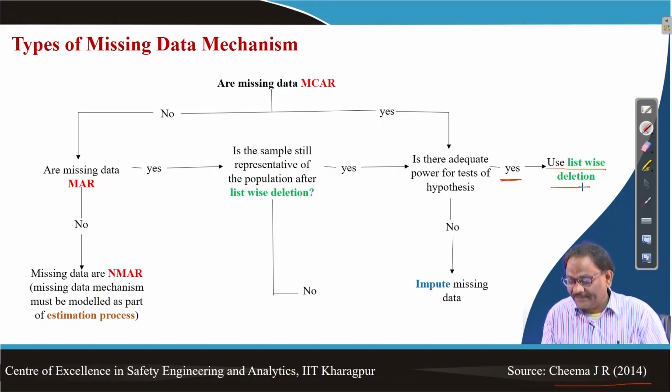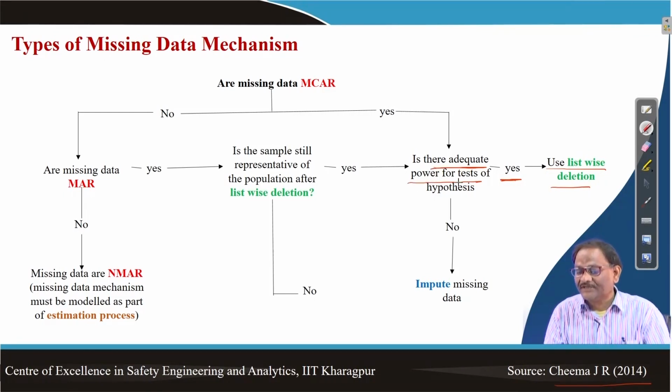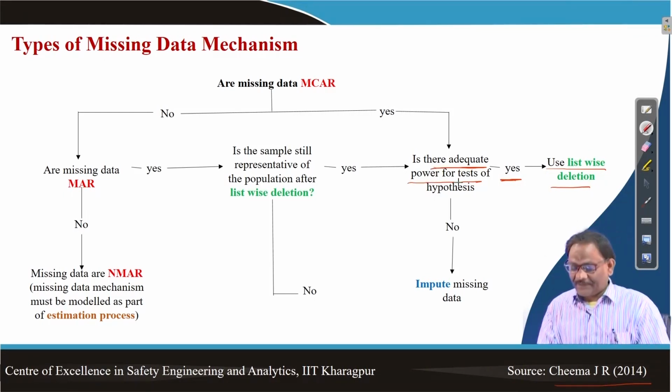If you find that it cannot be deleted because adequate power of the test is not justified, then you have to impute missing data, meaning that cell you have to fill with certain data.